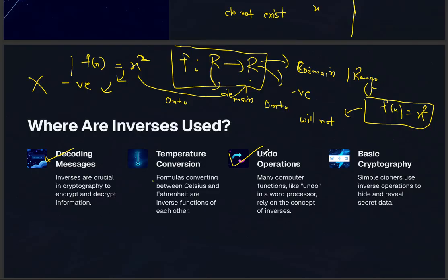So the inverse phenomena is used to undo the operations. Basic cryptography. This particular example you will study in your higher classes and understand the significance of inverse operation in this function also.